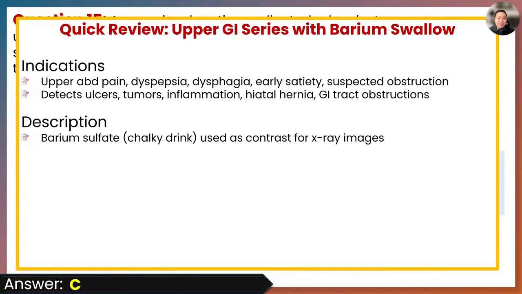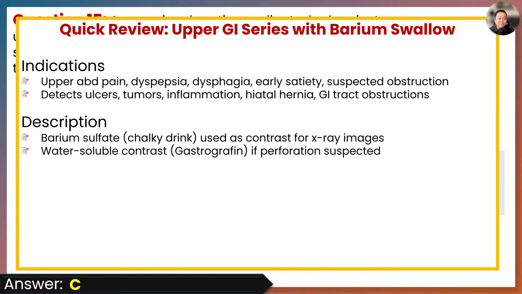The barium is a chalky substance that makes the GI tract show up on the x-ray images. And if there is already a suspicion of perforation, then gastrografin is used instead, which is a water-soluble contrast agent.